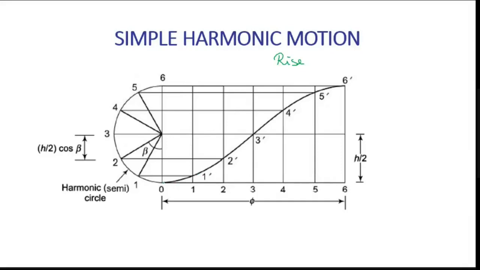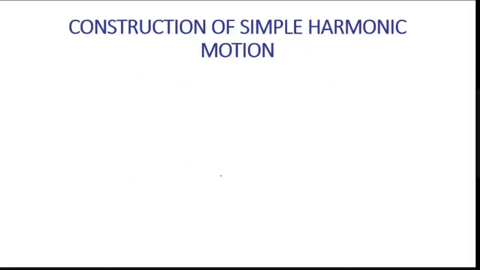Your rise will be something like a curve. Previously it was a straight line, now it is something like a curve. So how to identify this? How to draw this diagram? For that, I will explain it.